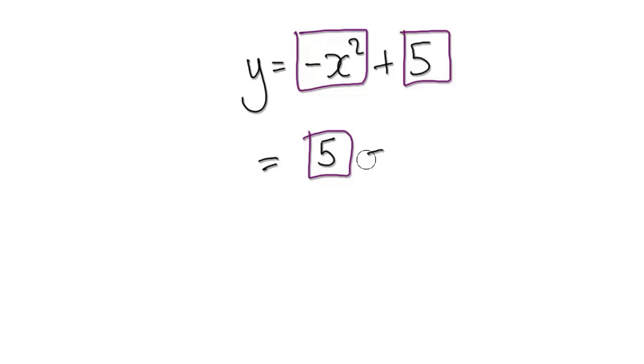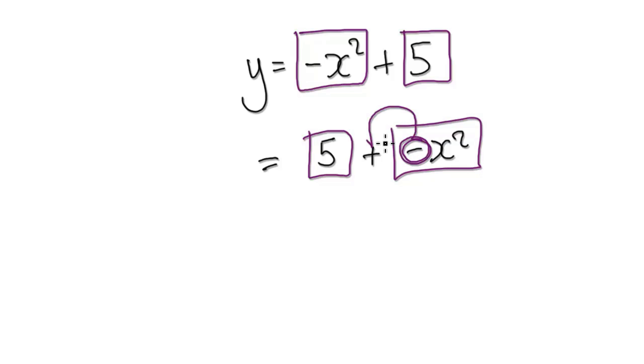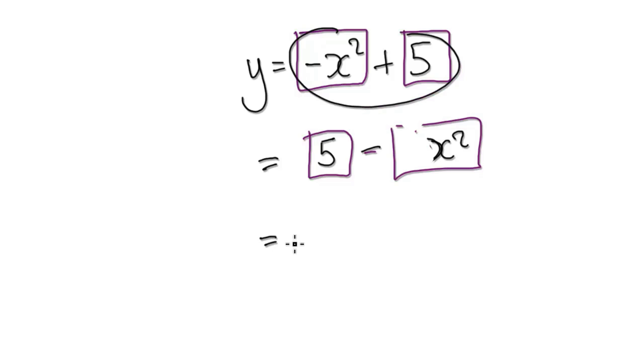Because what's happening here is you've got plus here, and then you've got negative x squared. So now it feels uncomfortable having this negative in here. You can actually take it out. So you can rewrite this as 5 minus x squared.